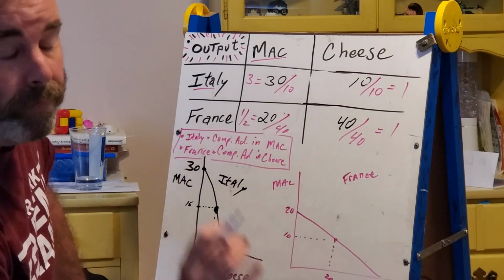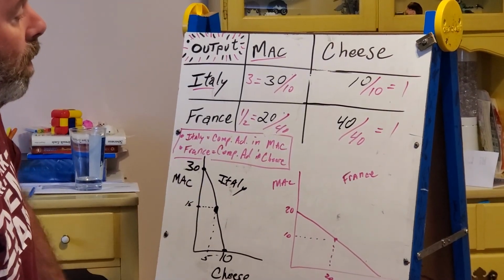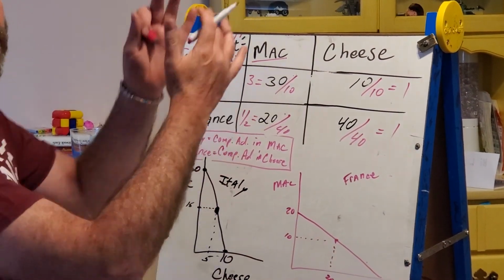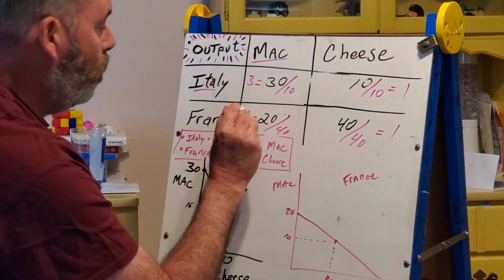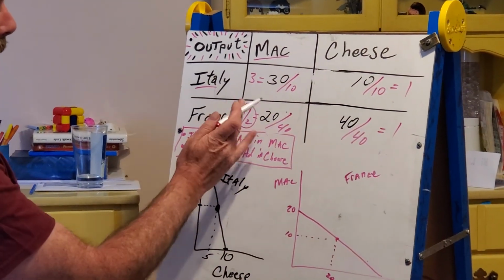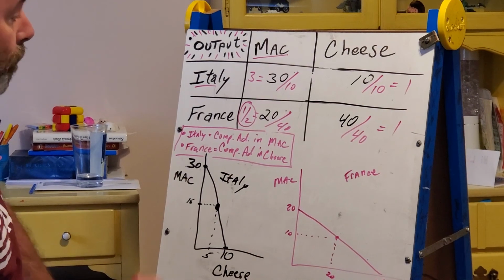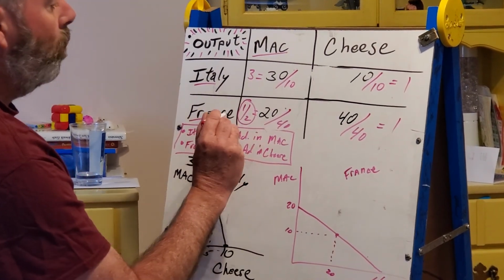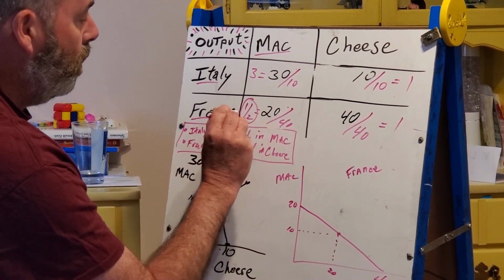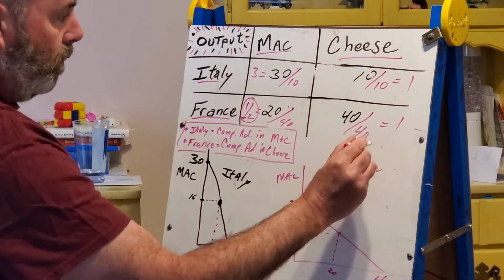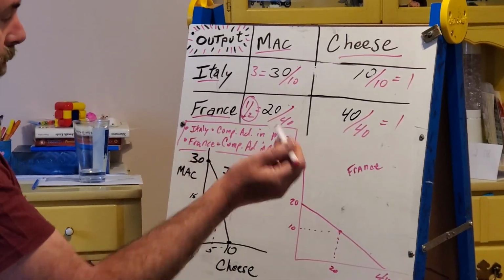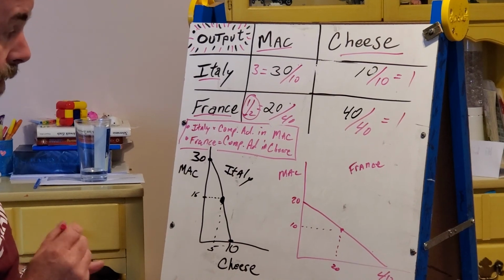Who is sacrificing less in terms of macaroni when they're producing cheese? Obviously 1/2 is less than 3. Therefore, France enjoys the comparative advantage, 1/2, for cheese. And so France has the comparative advantage in cheese, and there you have it.